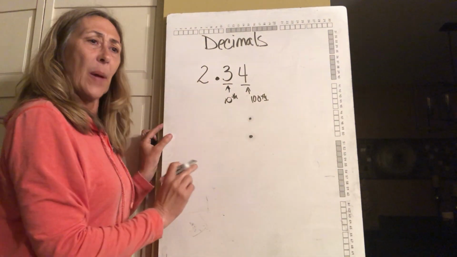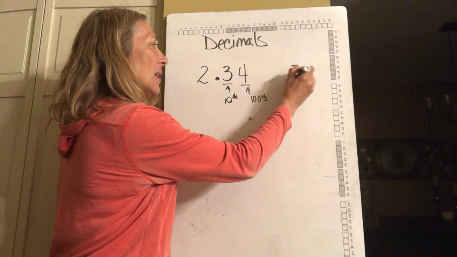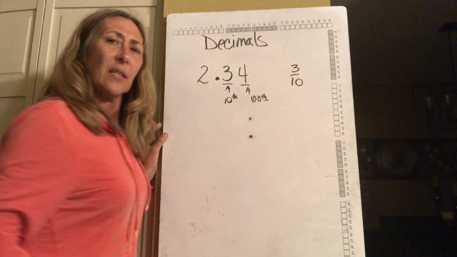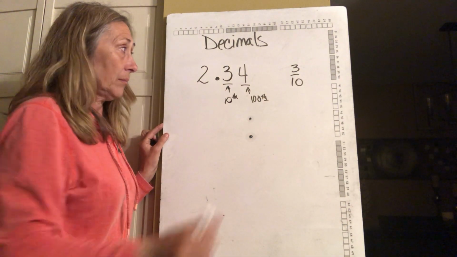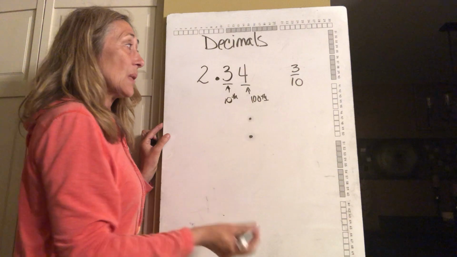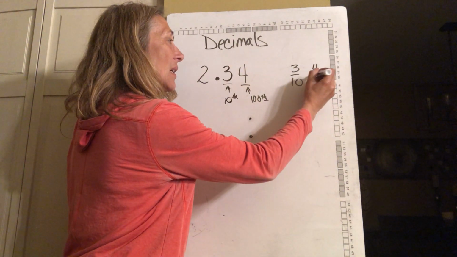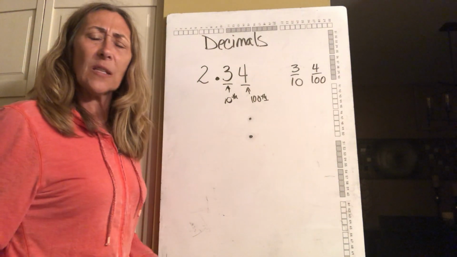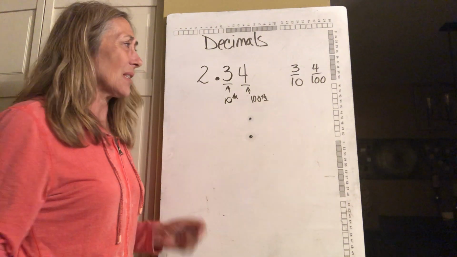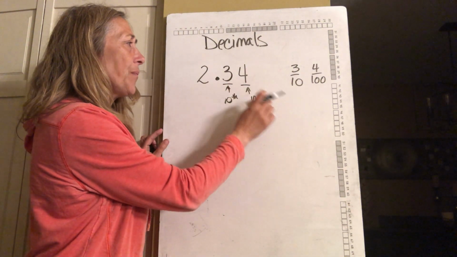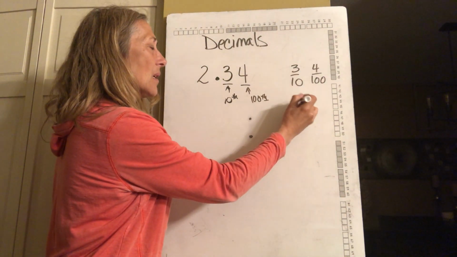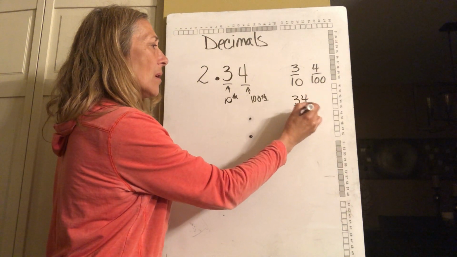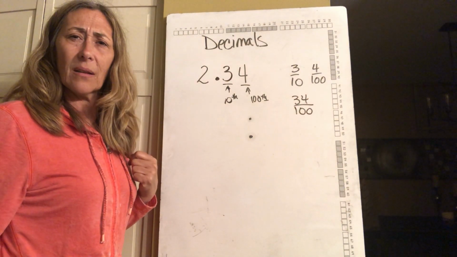This is the hundredth spot, and that's 4 hundredths. Together, this is 34 hundredths.